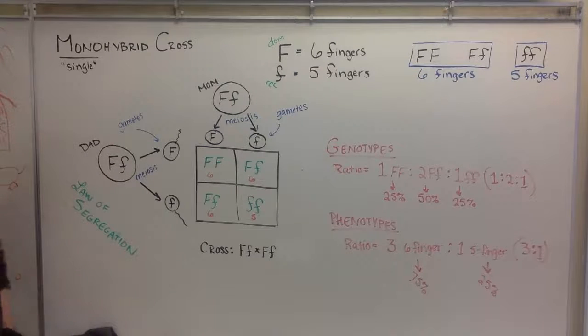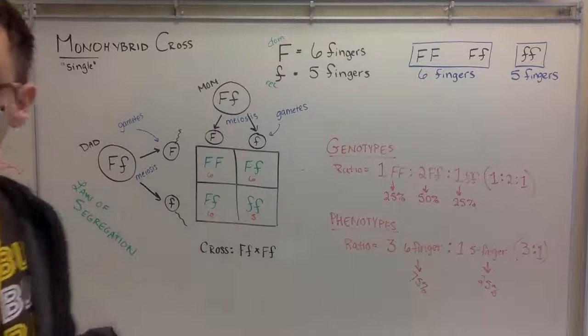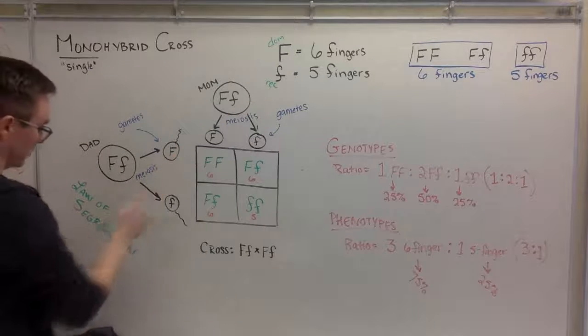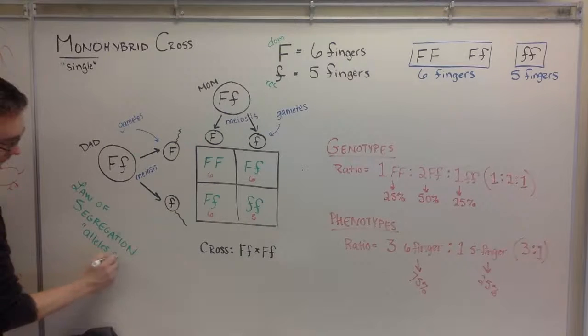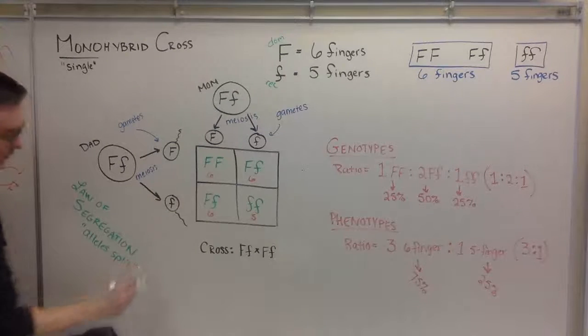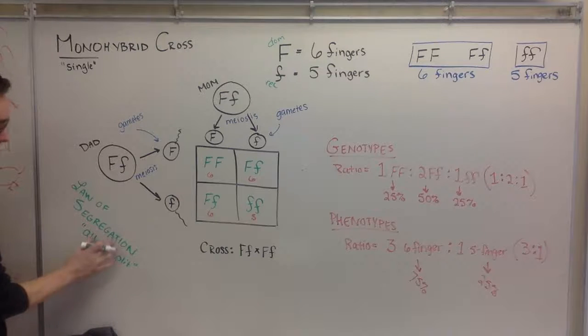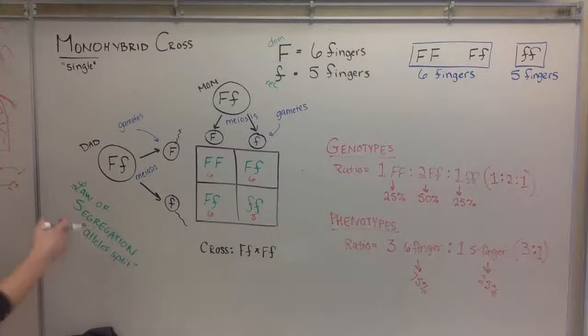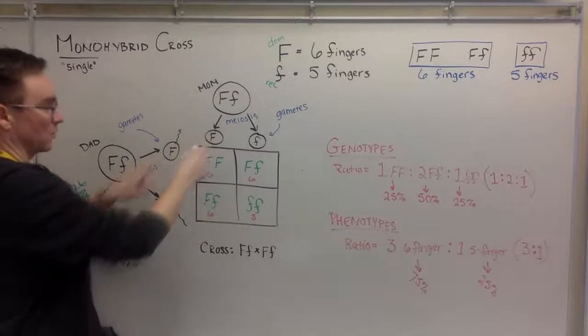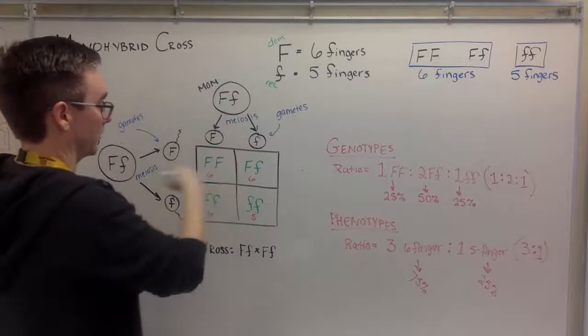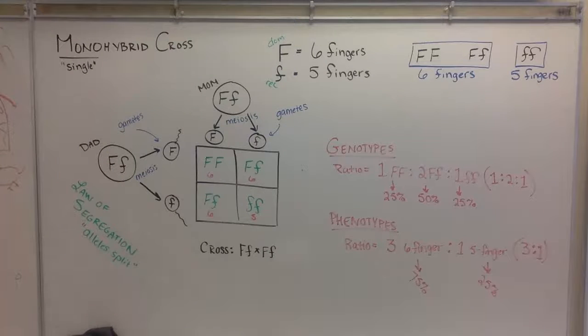I still feel like I spelled that wrong. If I did, I apologize. All right, the law of segregation says that these alleles split during meiosis. They separate from each other. Once they separate, we can see what are the odds of the different egg and sperm combinations.